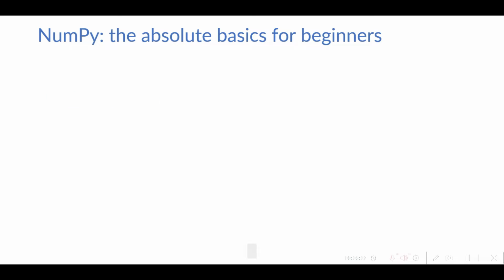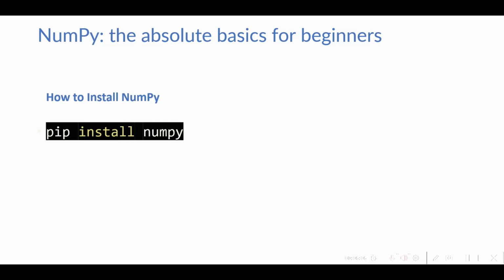To install it, we have to type pip install numpy. Just to remind you, pip is basically a Python package manager which instructs the console to install Numpy. You can write this in your command prompt, in your Jupyter notebook, anywhere. It will install globally in your system. So you can use this command to install it.